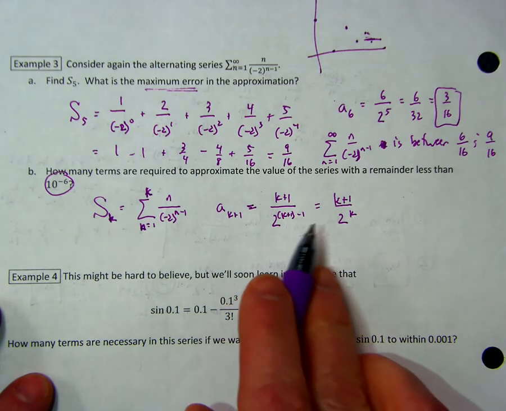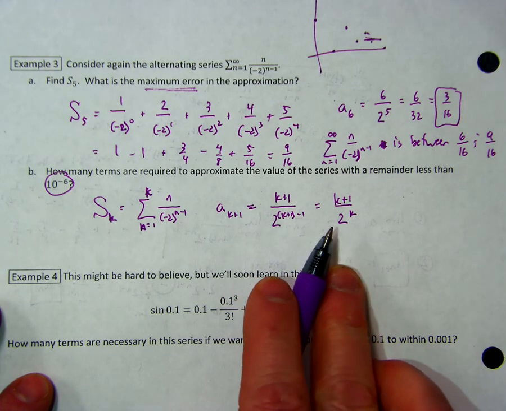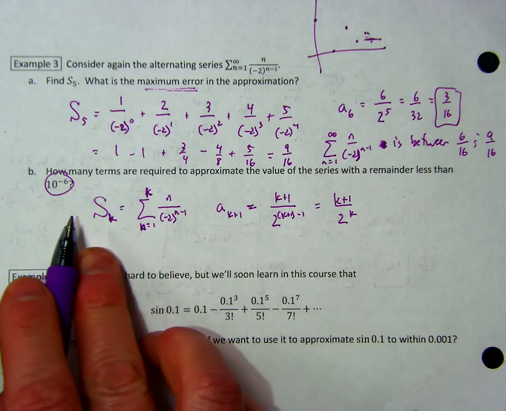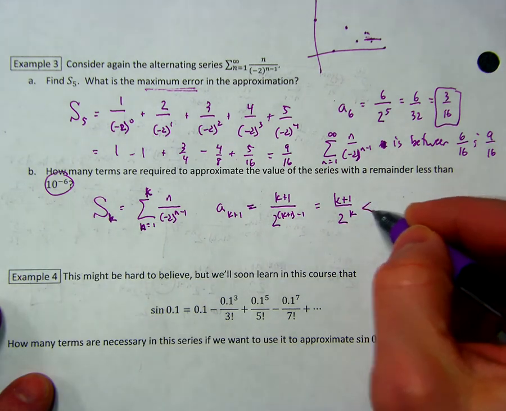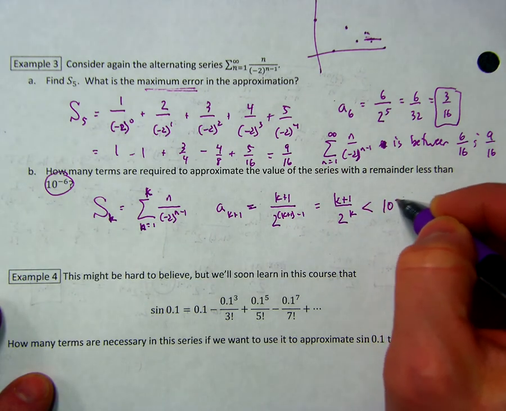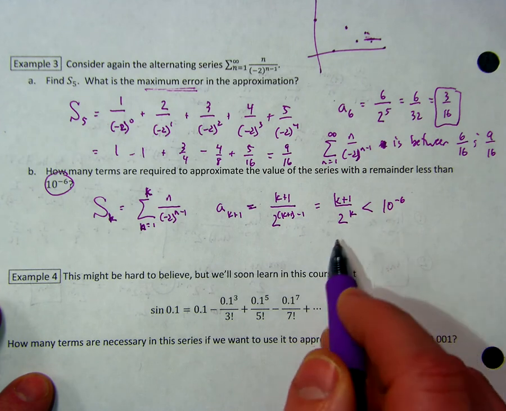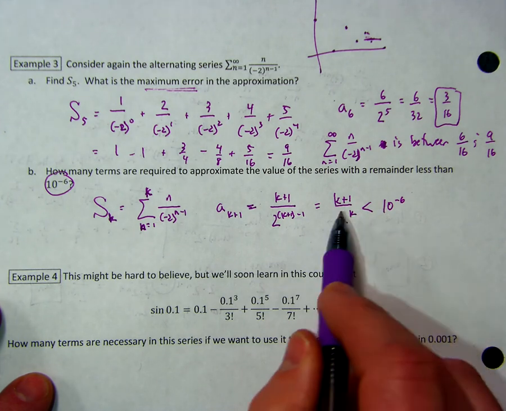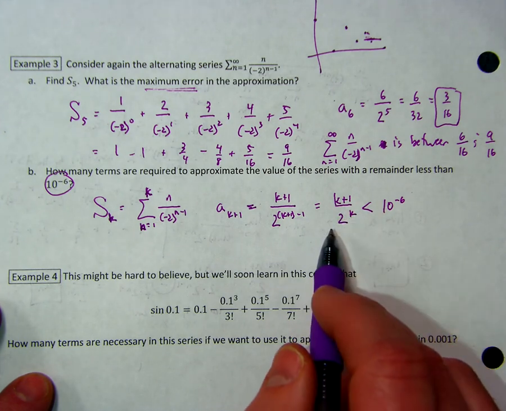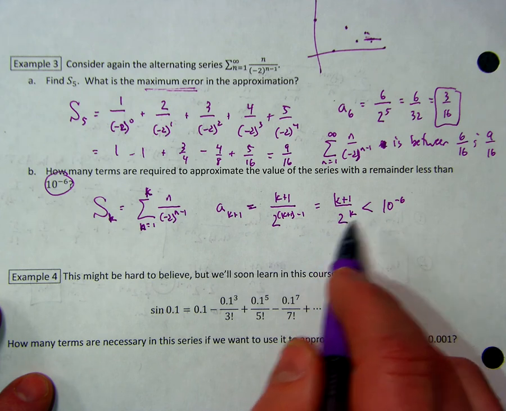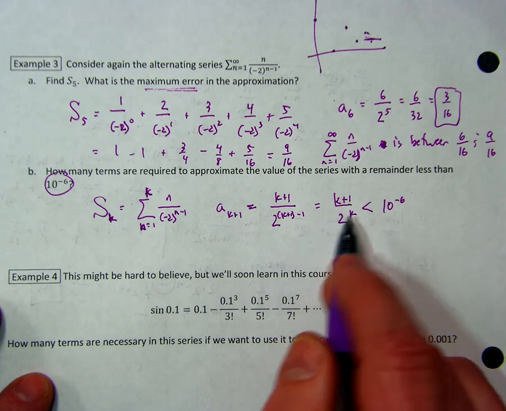Now we want this error to be less than 10 to the negative 6. You could try to set these equal to each other and solve with some technology. This particular one you could guess and check. It's not a trivial thing.